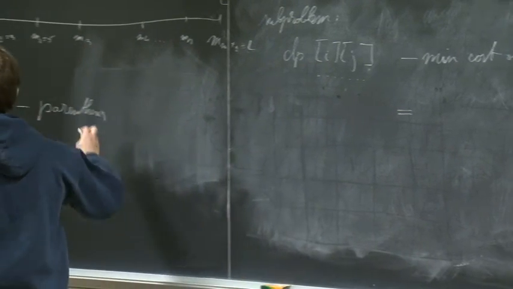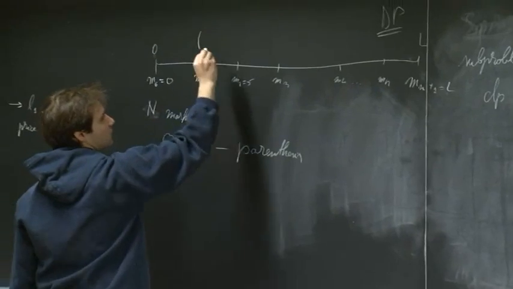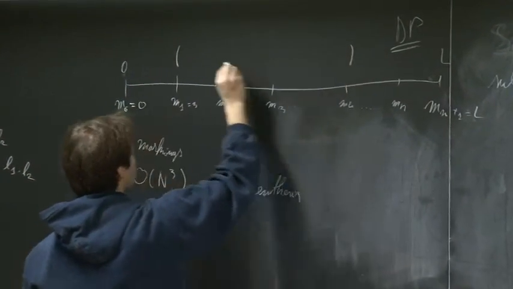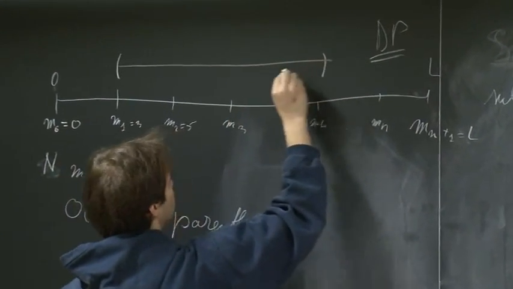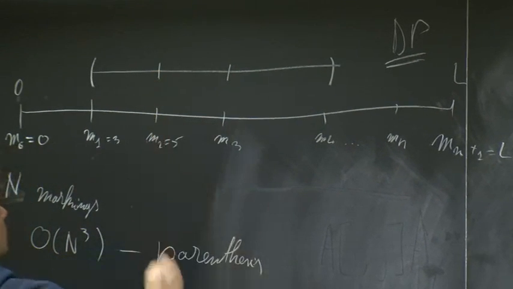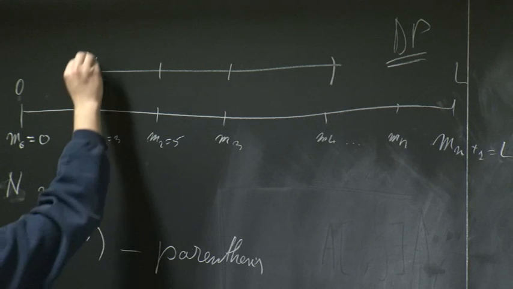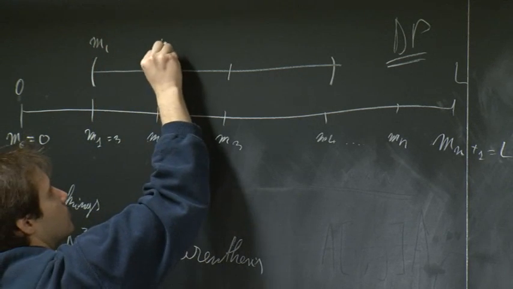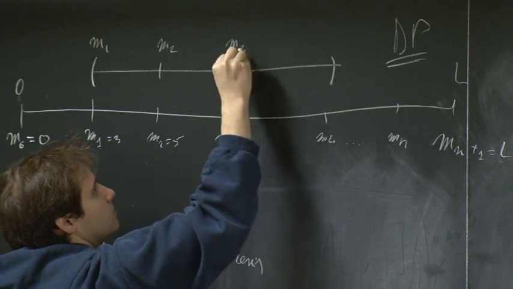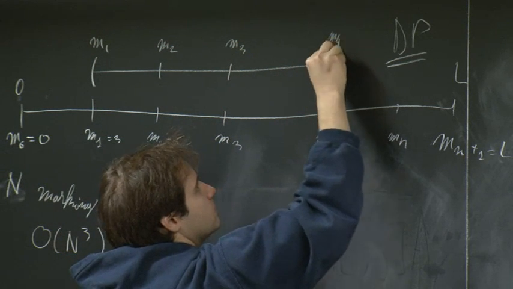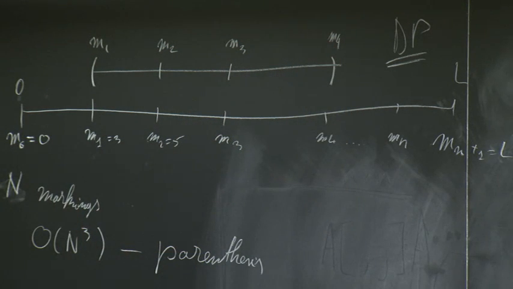So suppose I'm looking at the subboard from M1 to M4. So I'm looking at only this. How do I compute the best way to cut the board from M1 to M4? What are my options? The locations you can cut it.